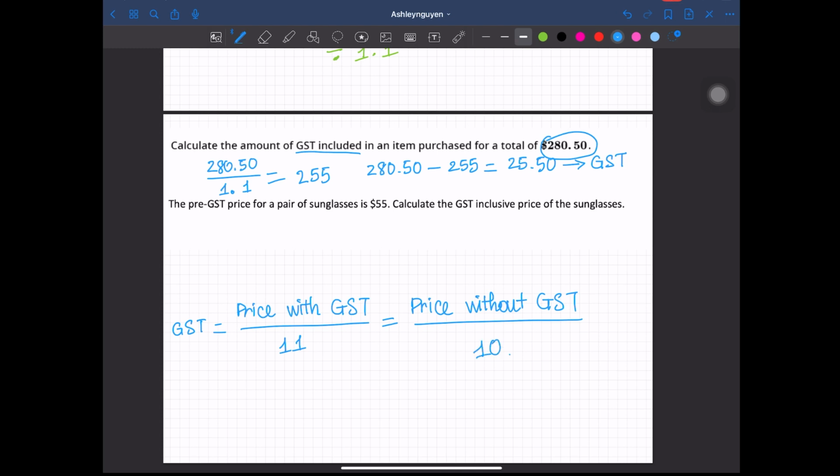So now having a look at the example before, GST would equal the price with GST, $280.50, divided by 11. Sorry, it should be 11. That gives you $25.50. So that's the formula that gives you the amount of GST straight away.